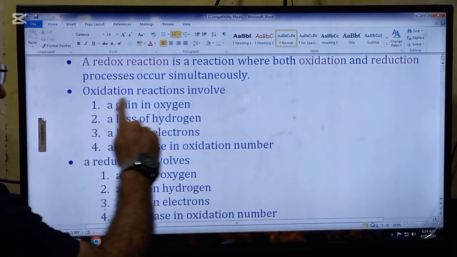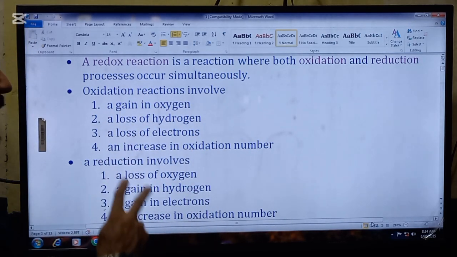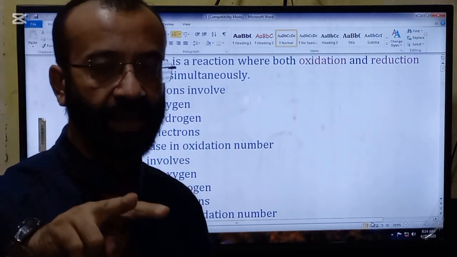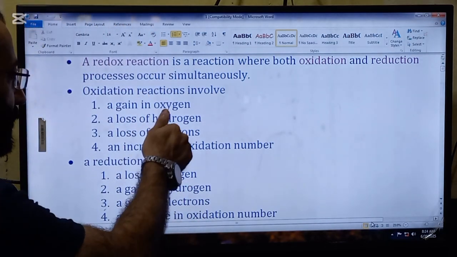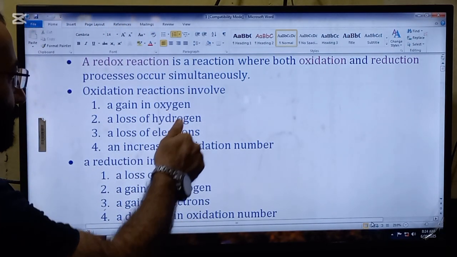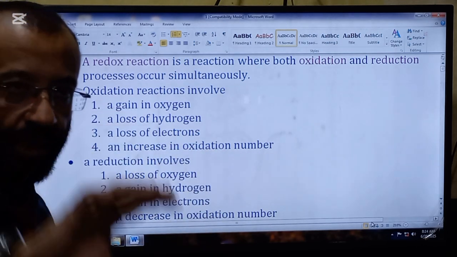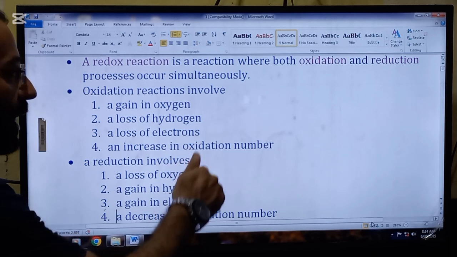Now, if you only look at this category, that is oxidation reaction, there is an increase in two ideas and a decrease in two ideas. Increase in oxygen or increase in oxidation number, and loss of hydrogen or loss of electrons.